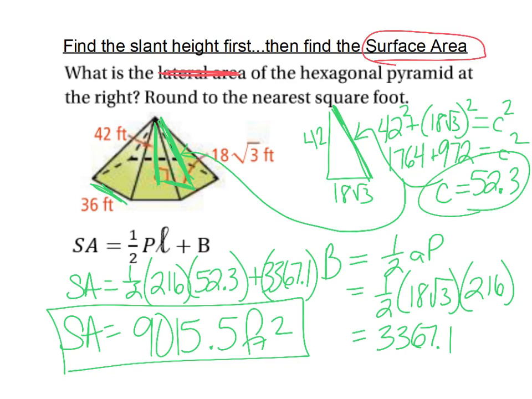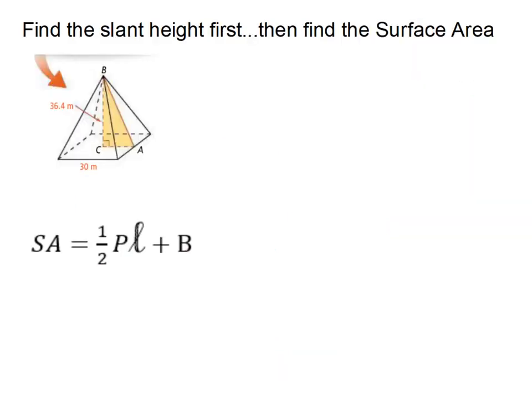All right, well, let's keep at it. This one is a square pyramid, and it says find the slant height first and then go find your surface area. So I'm going to let you try this one on your own. Go find the slant height like we did last time, and then you can do your surface area formula. This one should be easier because the base is a square, and that's easier to find the area of than a hexagon.